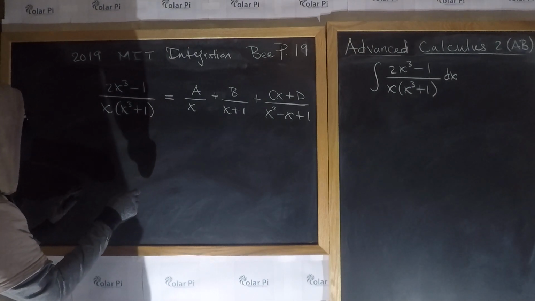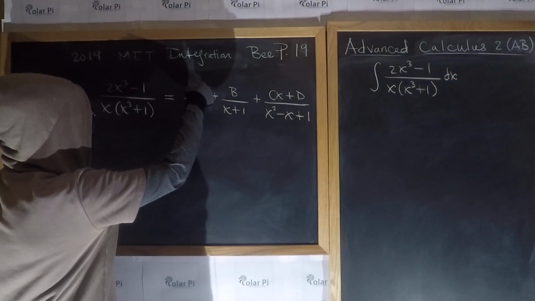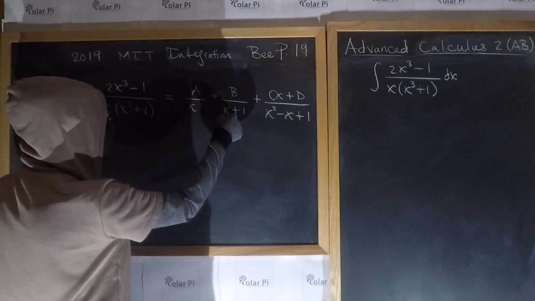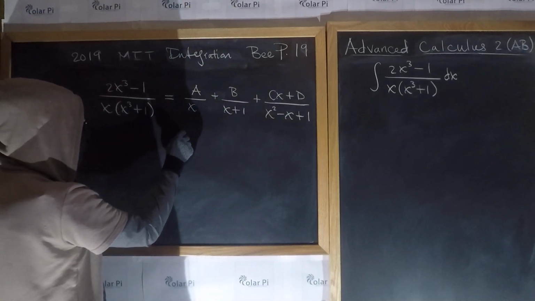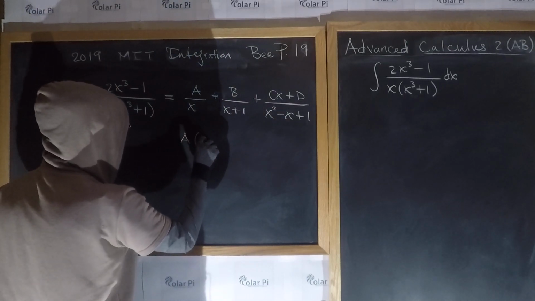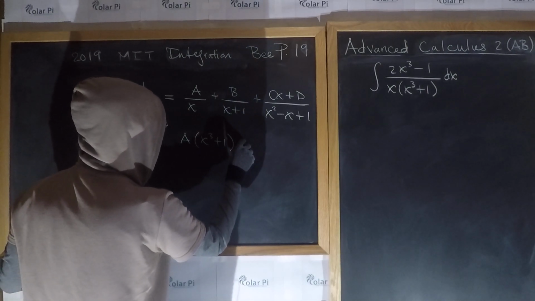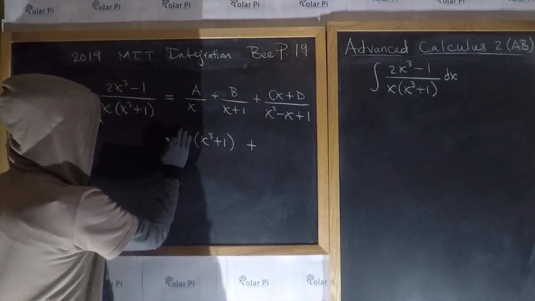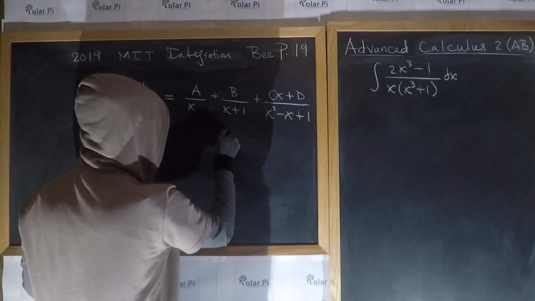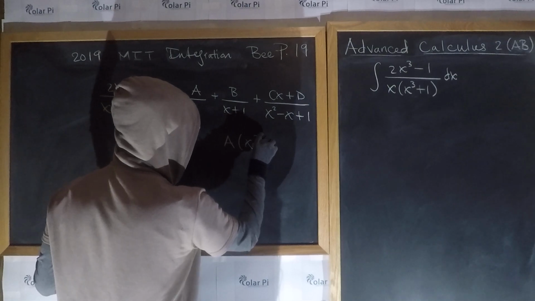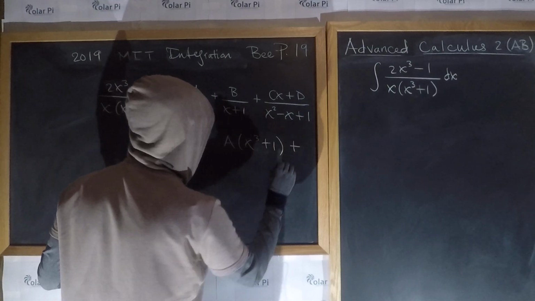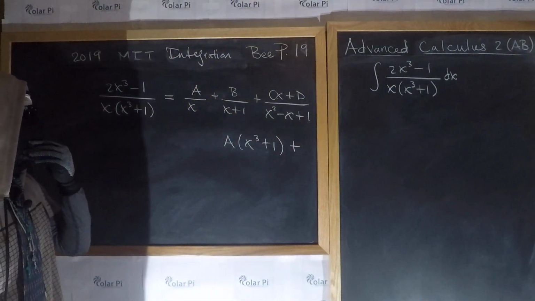So that amounts to multiplying a by this times that, right? And so that's a times x cubed plus 1, and then plus, let me scoot this closer actually, a times x cubed plus 1, and then plus, I'm going to have to skip on to the other board.